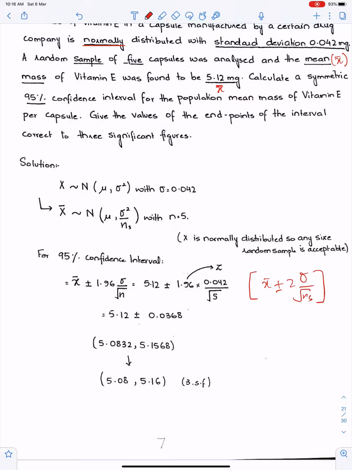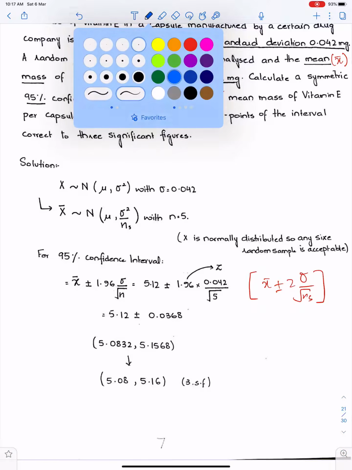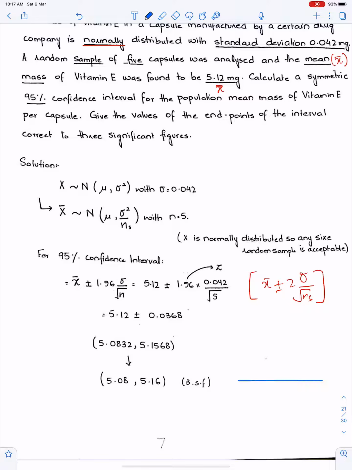95% confidence interval means this thing. This means 95%, this area is 95%. So this and this will be 2.5% each.